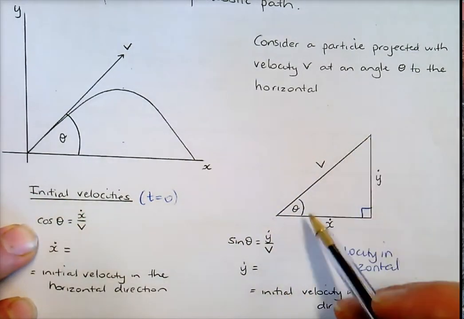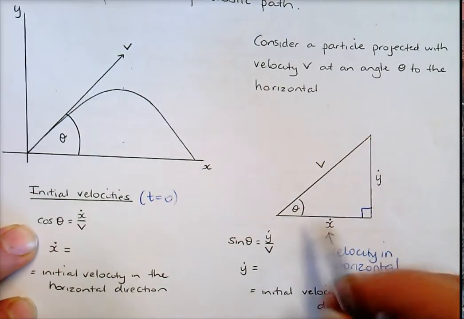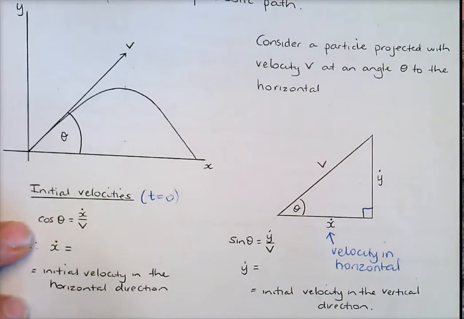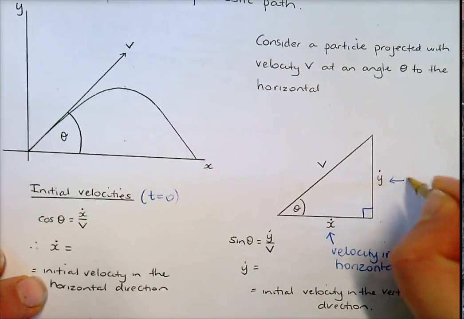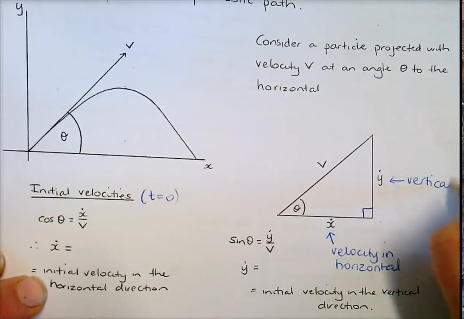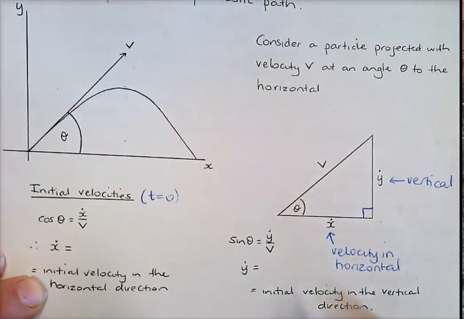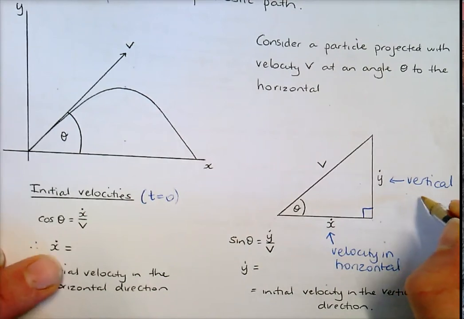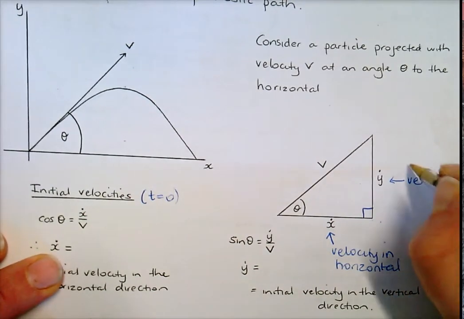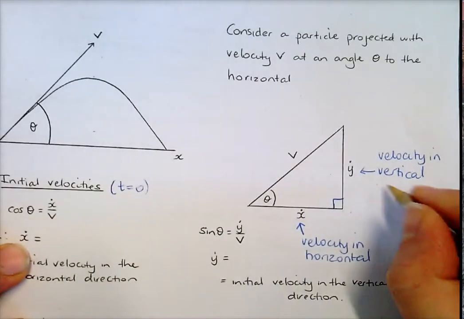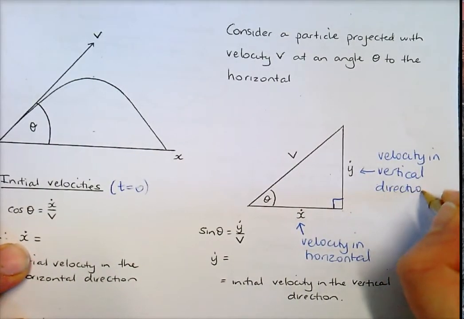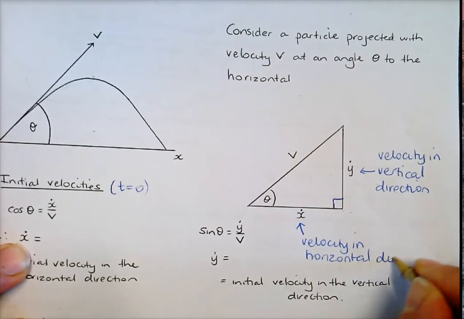If it's going that way, it's going across and up. So we separate the components of velocity into horizontal and vertical. So x dot, remember, means the horizontal component of the velocity, and y dot is the vertical velocity, velocity in the vertical direction, or the vertical component of the velocity.